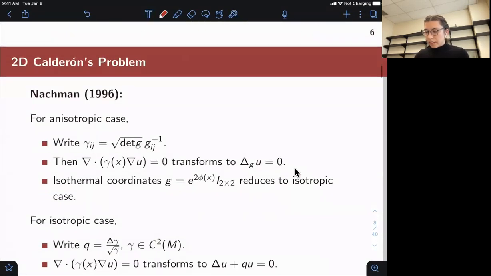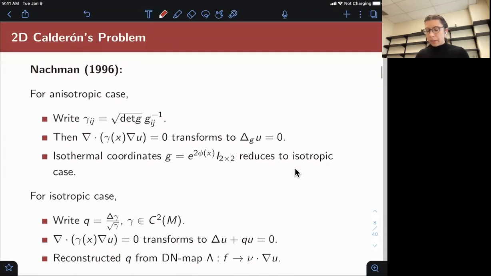As it also relates to the problem that I'm going to discuss in a moment, let me just talk a little bit more about conductivity type problems in 2 dimensions. So Astala showed that if I'm looking at this anisotropic case of Calderón's problem, I can take the conductivity and write it in terms of the metric and look at this particular type of conductivity.